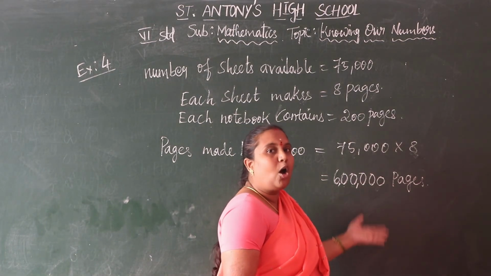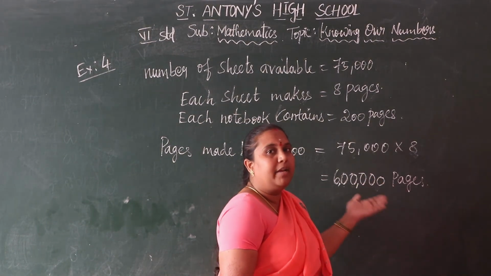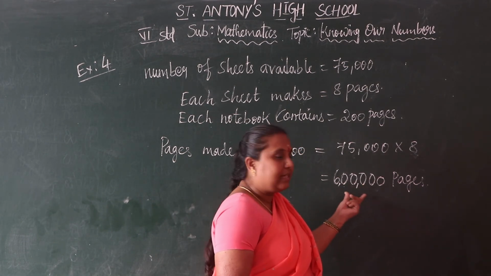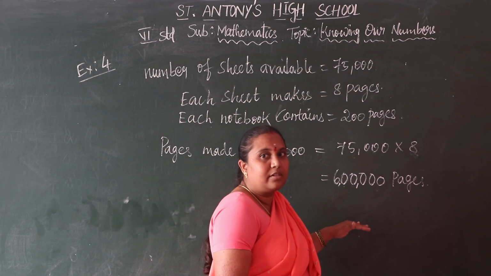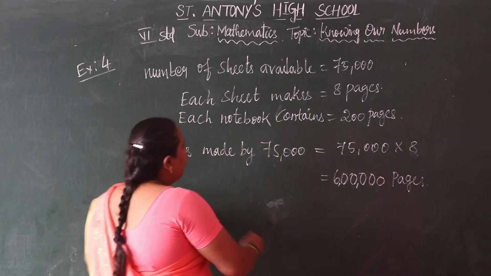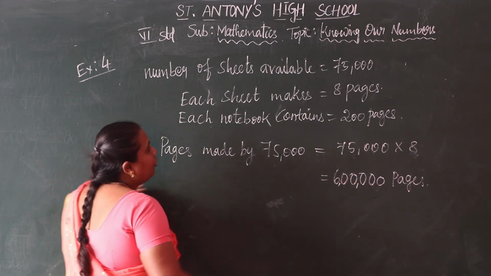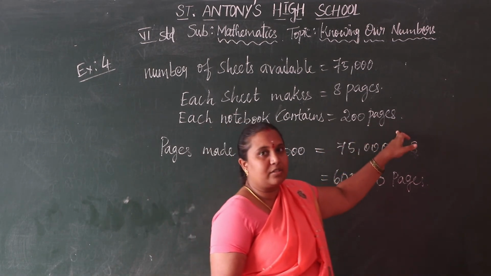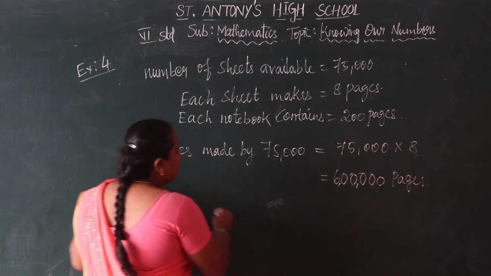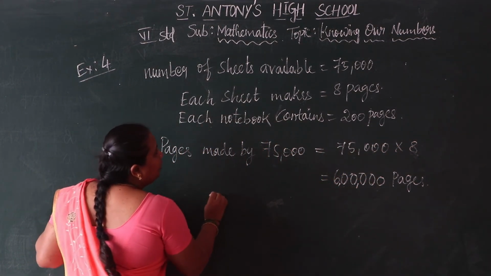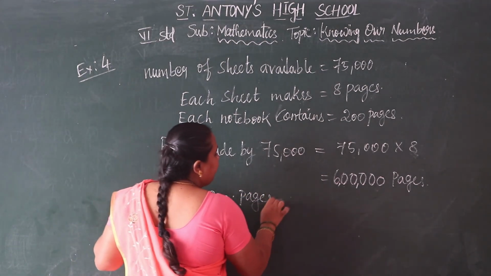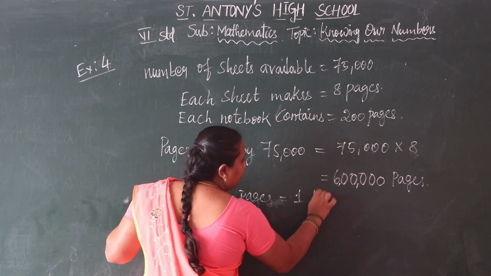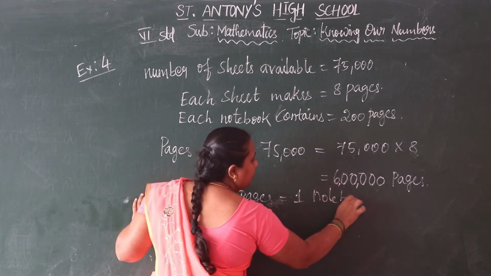See here, 75,000 sheets can make 6 lakhs pages. Okay, and how many notebooks can we make from these 6 lakhs pages? We want to find out the final answer. Understood, children? Each notebook contains 200 pages. So 6 lakhs pages. 200 pages equals 1 notebook.